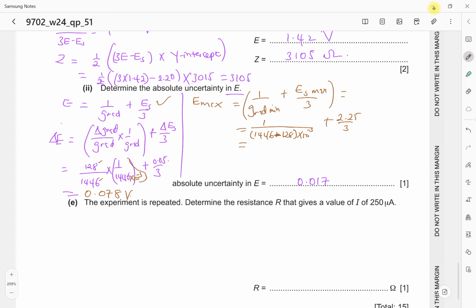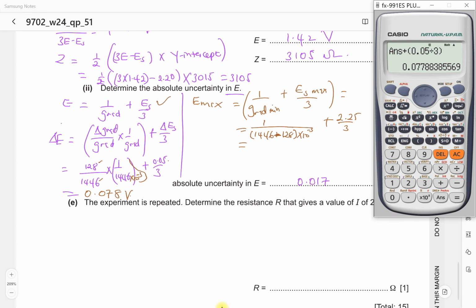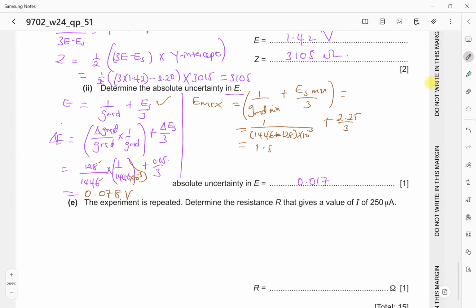So let's check this one. 1446 minus 128, answer times exponent minus 3, 1 divided by the answer, then plus 2.25 divided by 3. So that is 1.51. So the maximum value of E is 1.51.